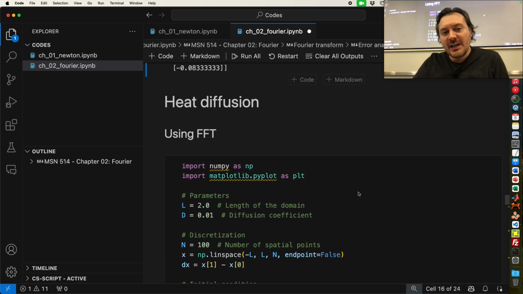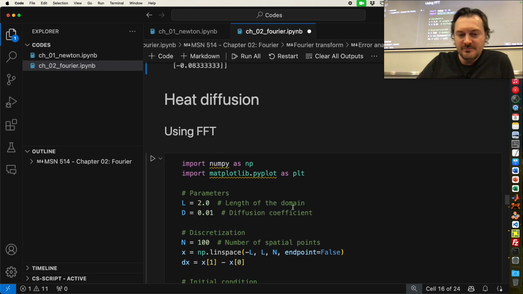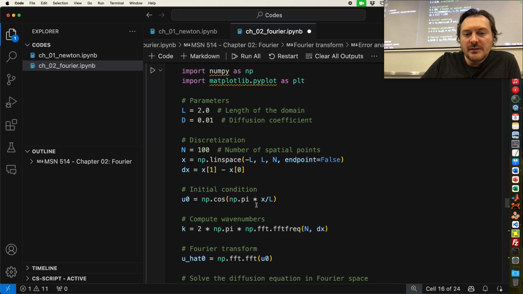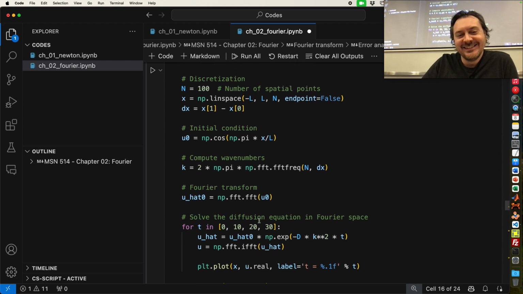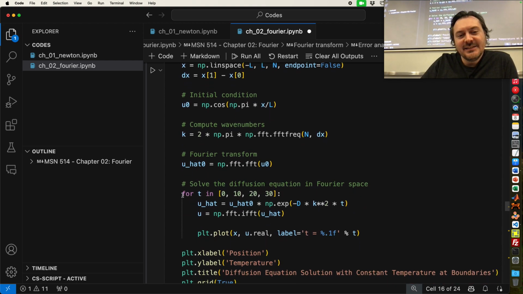So let's go back to heat diffusion. Since you know Fourier transform very well now, this is the solution of heat diffusion using Fourier transform. So what we do is we just take the Fourier transform of the initial condition. Do you see that here? Yes.